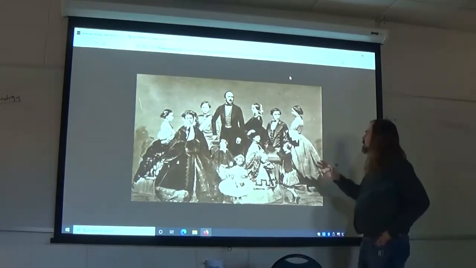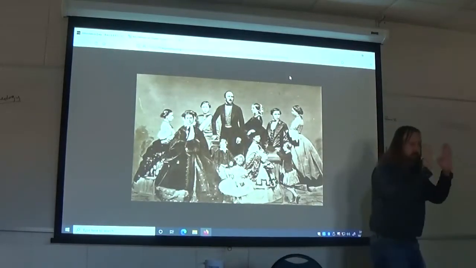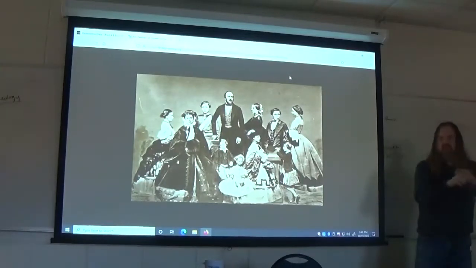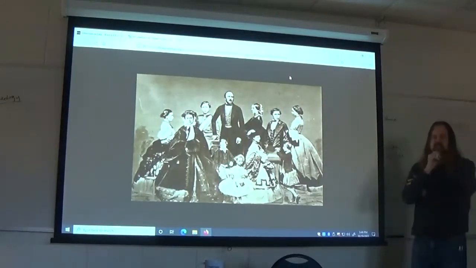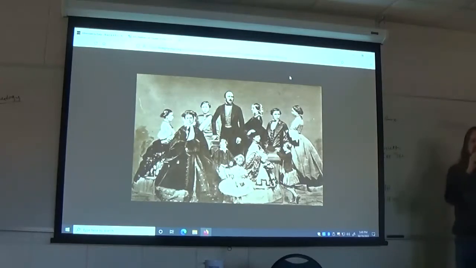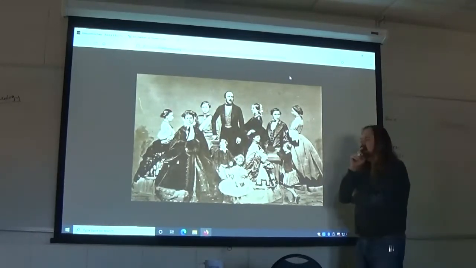But yeah, Prince Albert is right smack dab in the middle of the picture, right? Everything here revolves around father. This is a bit of a random question, but if he was married to the queen, why would he not be a king? How is he still considered a prince? It had to do with social rank. So essentially he was not quite as noble as she was.